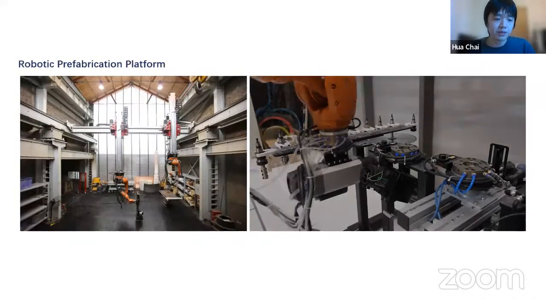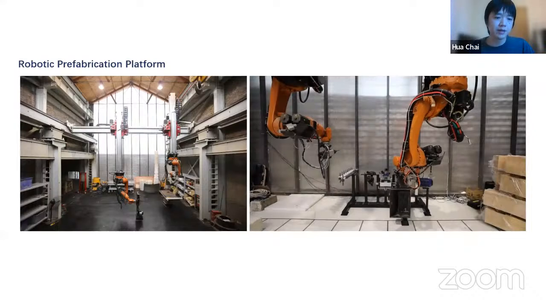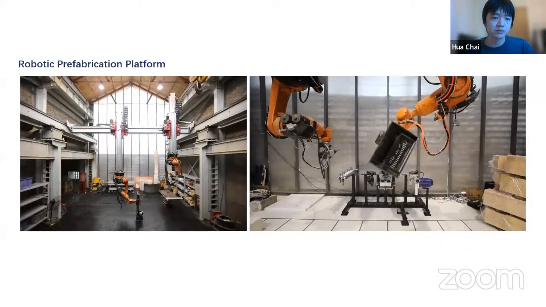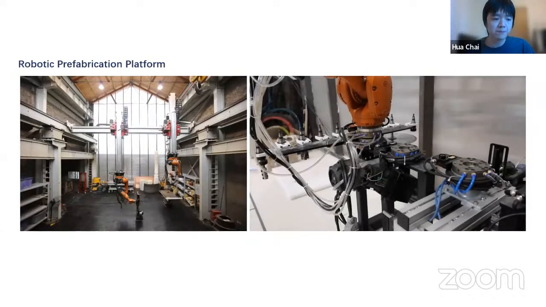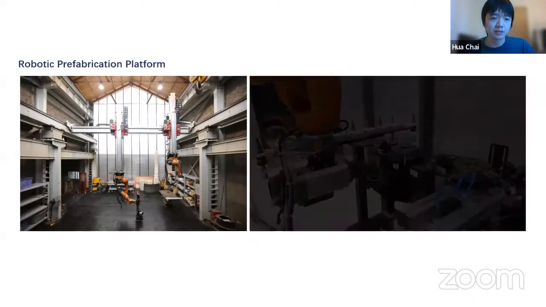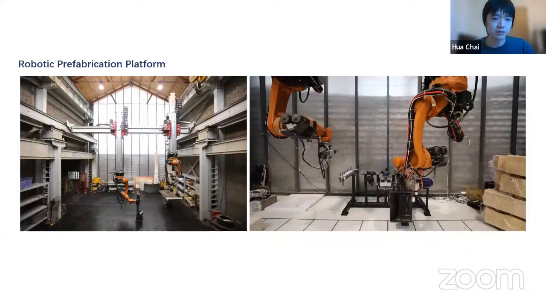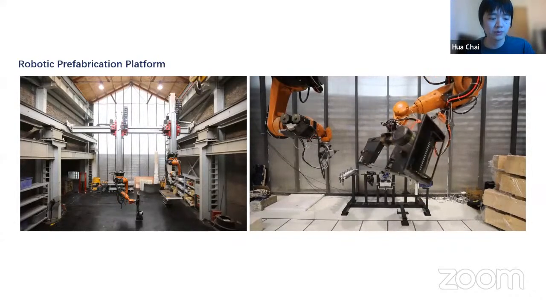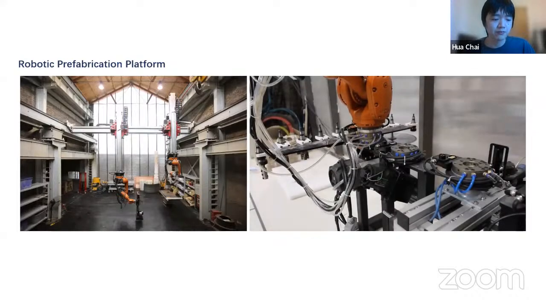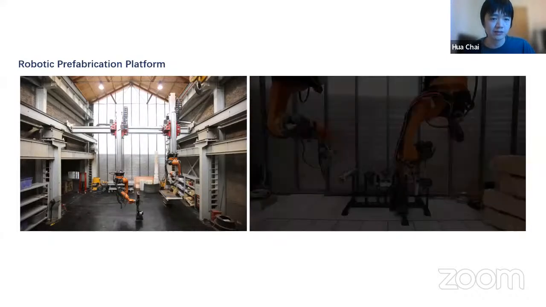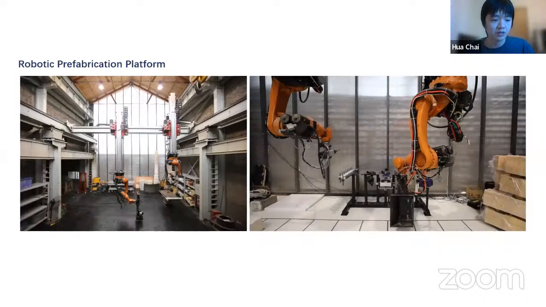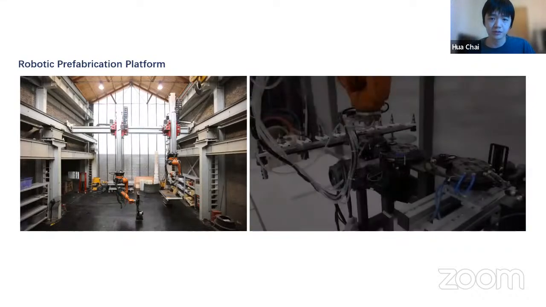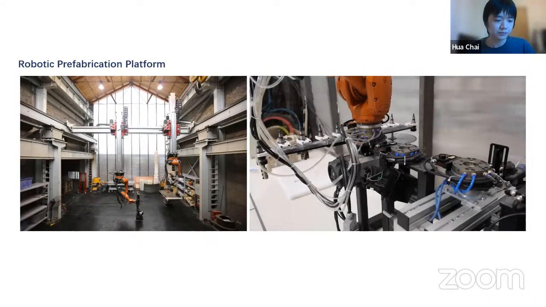This platform was initially developed by Tongji University together with Fabrication since 2015. A 6-axis gantry system is equipped with 2 KUKA robots that provide sufficiently large-scale fabrication capacity for robotic fabrication experiments and practice.